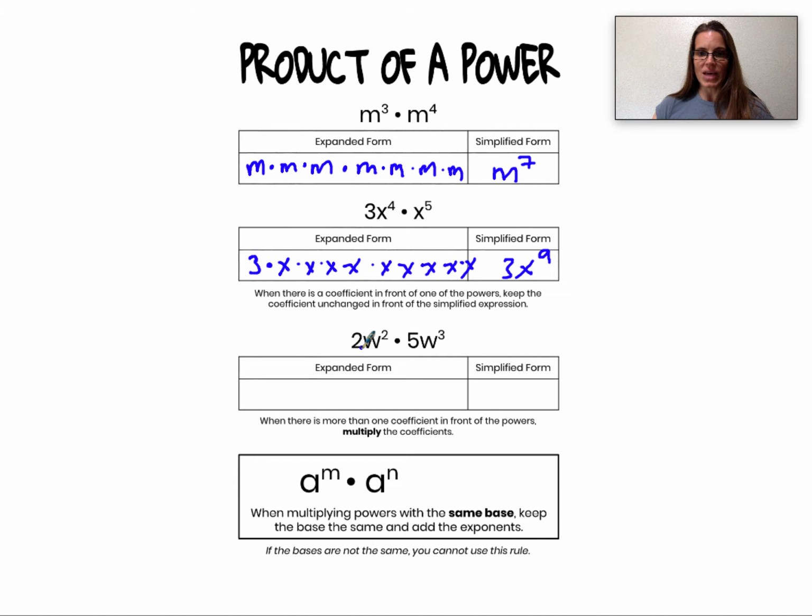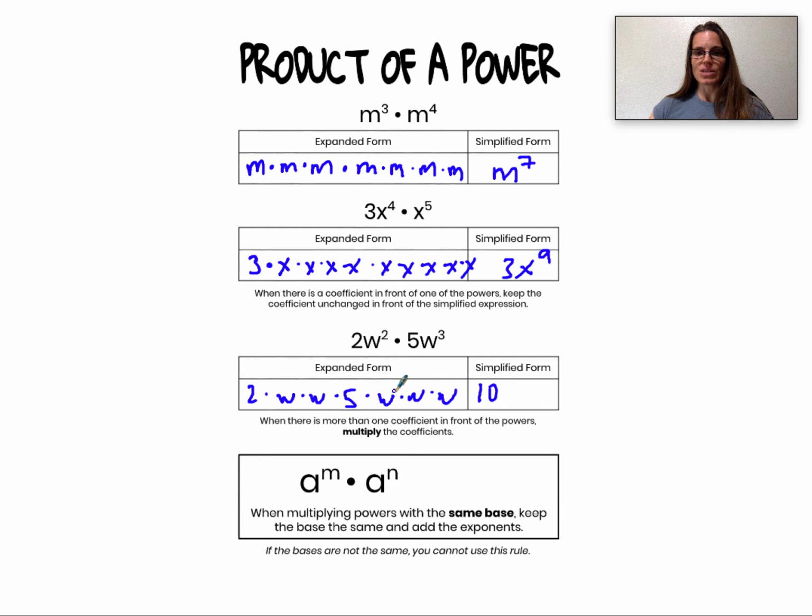Final example, we have 2 coefficients. So 2 times w squared times w times w times 5 times w times w times w. Here, our final product, our simplified form, is going to multiply 2 times 5, which is 10. And then how many w's are there?